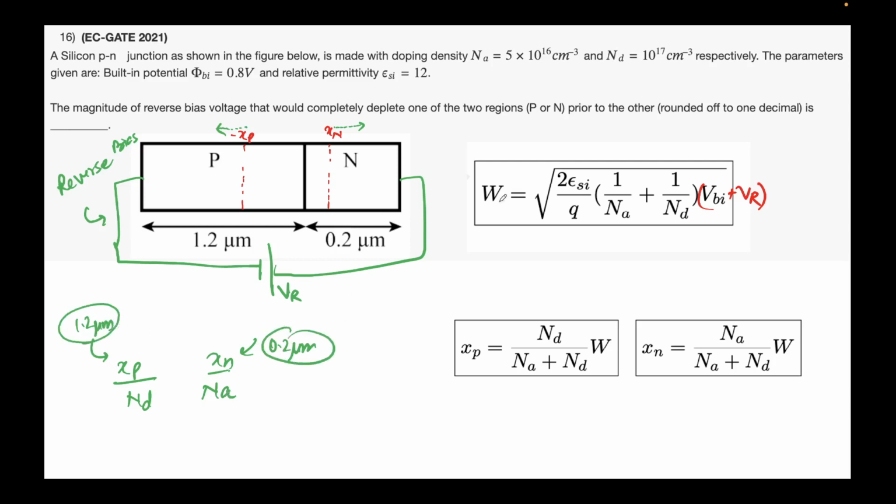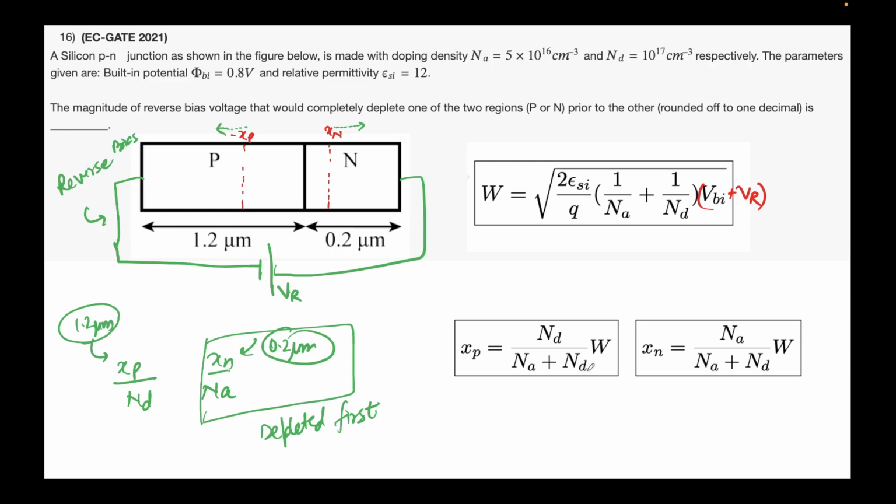Na and Nd have a difference of just a factor of 2, but the lengths have a factor of 6. So this tells me this will be depleted first. If there was a factor of 10, then this would have won, because 1.2 by 10 is 0.12, and this will still be 0.2.